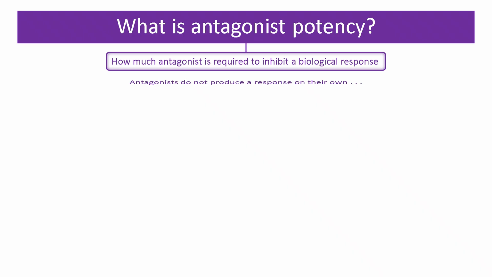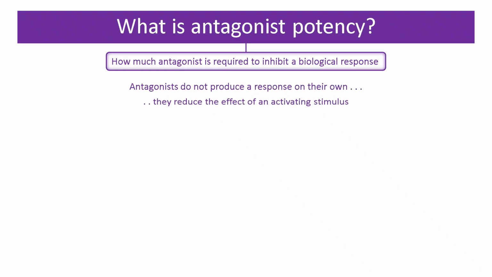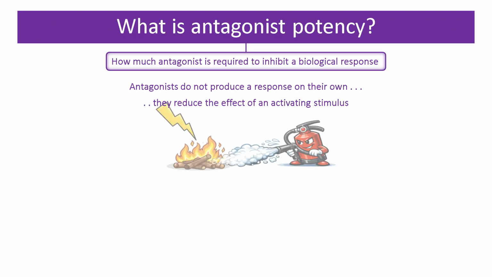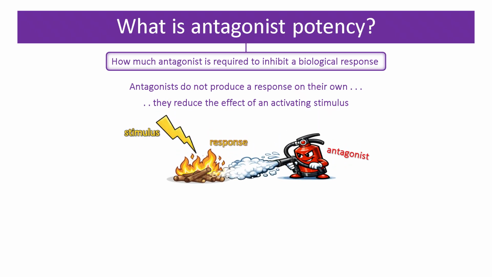Antagonists do not produce a response on their own, but instead reduce the effect of an activating stimulus within a biological system. Much like a fire extinguisher reducing flames started by a lightning strike.